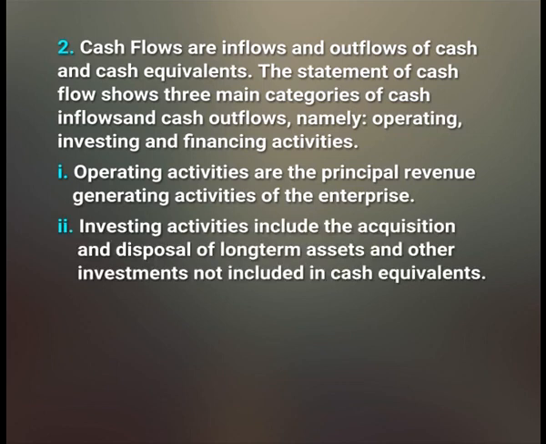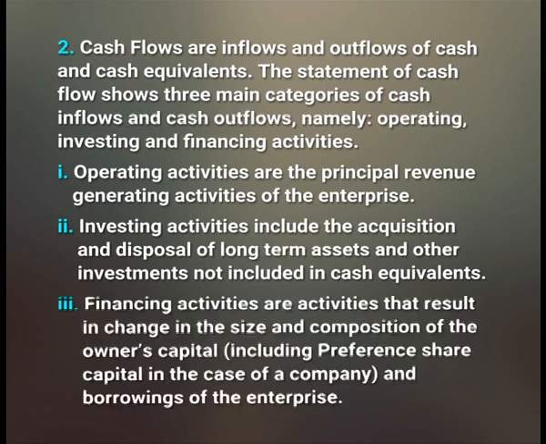Second, investing activities include the acquisition and disposal of long-term assets and other investments not included in cash equivalents. Third one, financing activities are activities that result in change in the size and composition of the owner's capital, including preference share capital in the case of a company and borrowings of the enterprise.